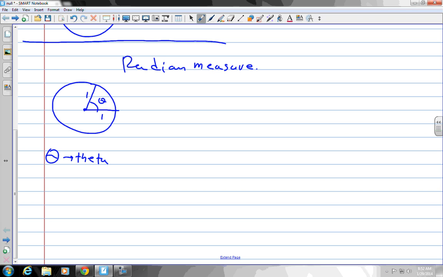The way we define a radian measure is whatever this length is right here, precisely this length, as in how long it is. If I take this little line segment, straighten it out, and dump it on the real number line, where the other end ends, precisely the length of this segment is how many radians are in that angle.